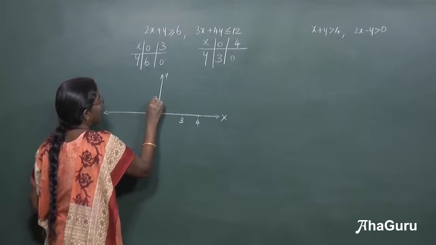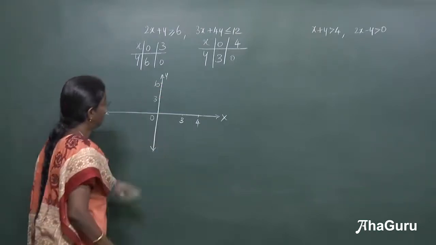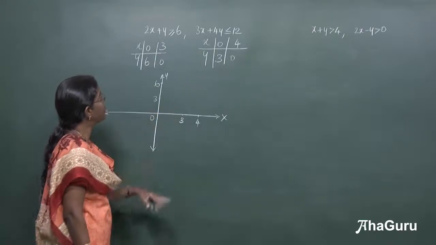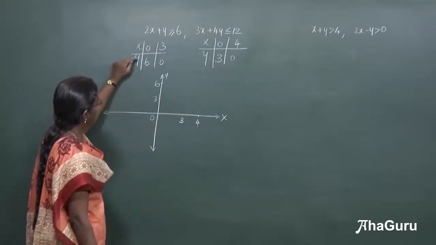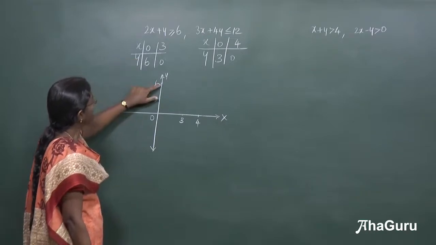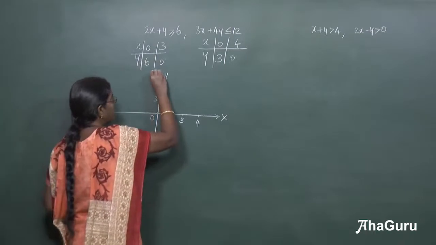Assume 3 is somewhere here. When you do it on the graph, take a proper scale and do it. And don't forget the scale has to be written on the top corner here. Okay, for the first line, it joins the points y is equal to 6 and x is equal to 3.